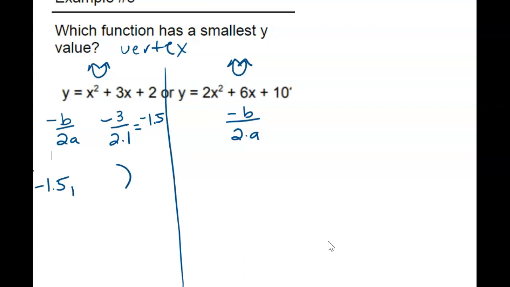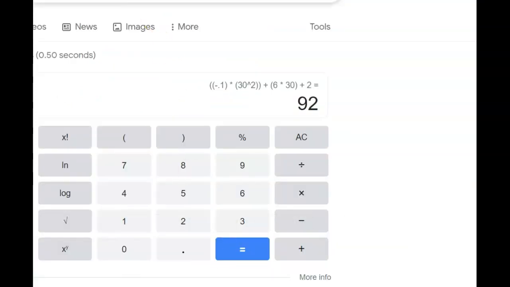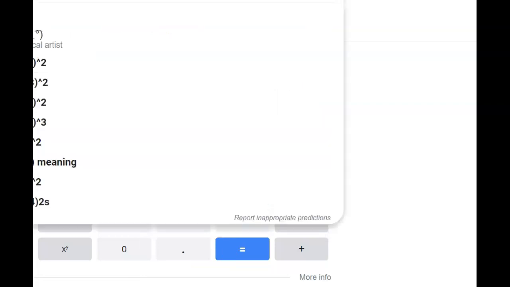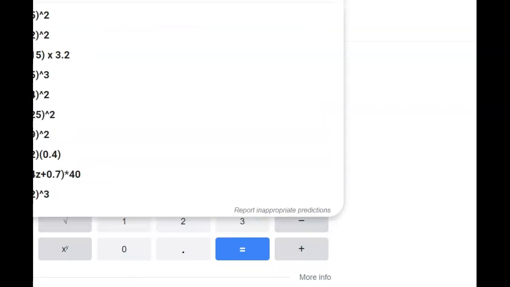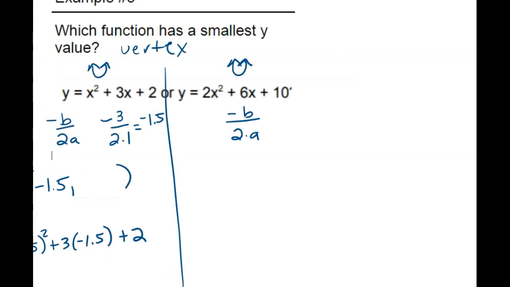And then we'll go ahead and type that in. So negative 1.5, use a parenthesis since it's negative, plus 3, and then plus 2.